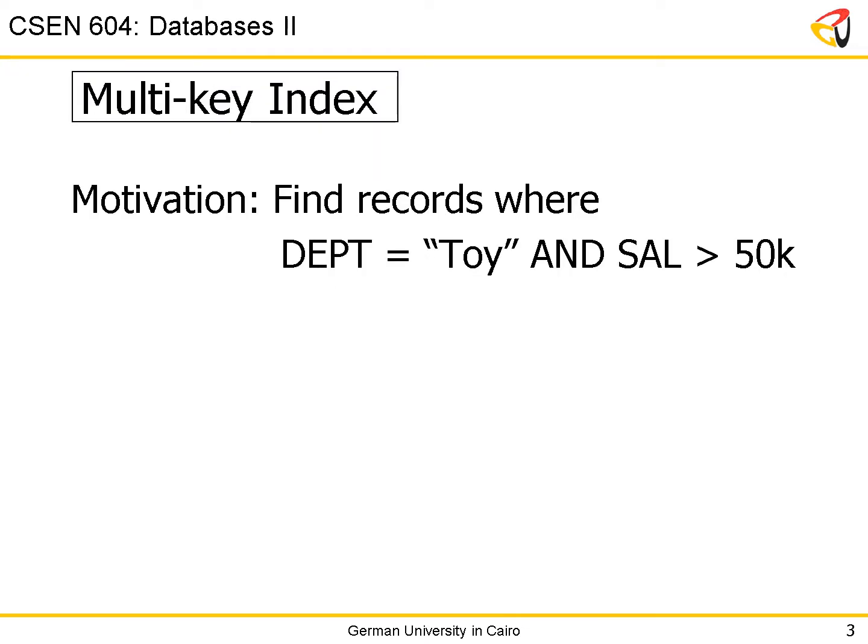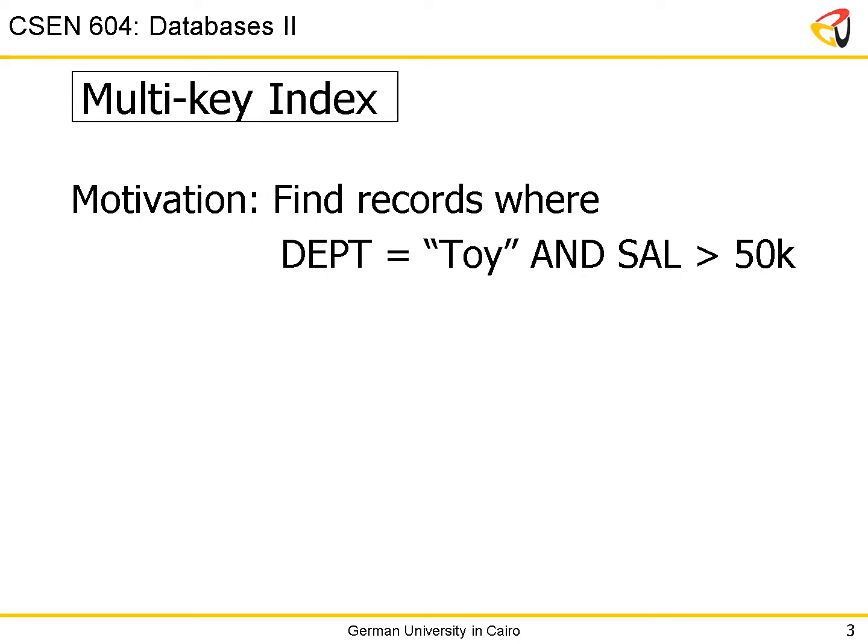Why is this interesting? Well, most of the time you're actually coding queries that have several terms. For example, here: select star from employees where department equal to toy and salary greater than 50K. This type of query is the most common query you would ever write in terms of selects. In most cases, you're querying more than one column at the same time.